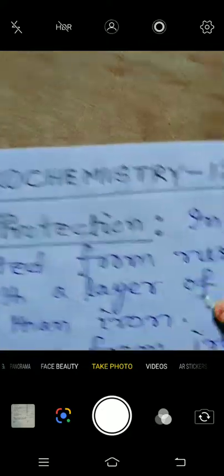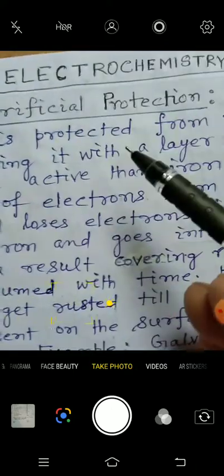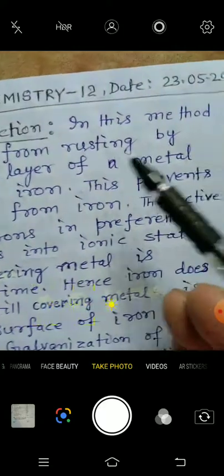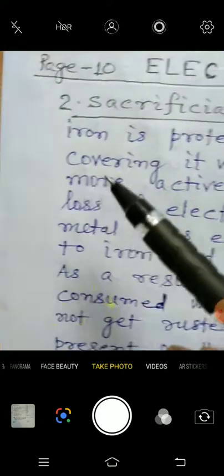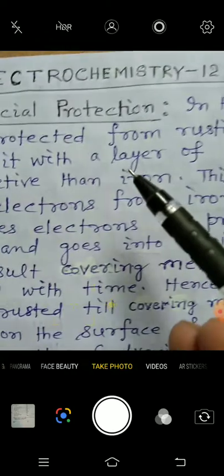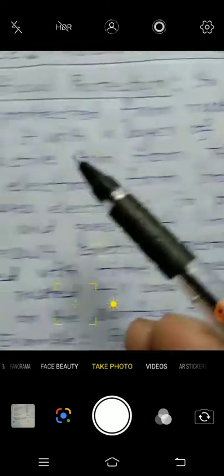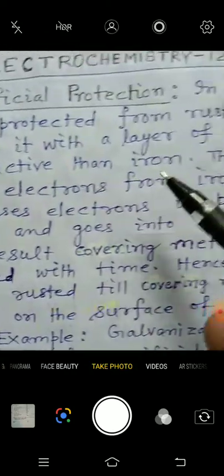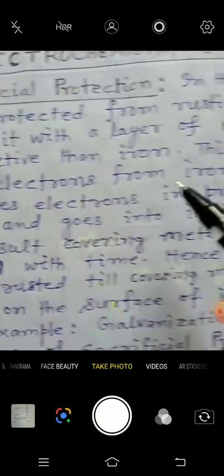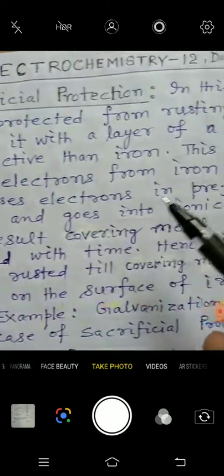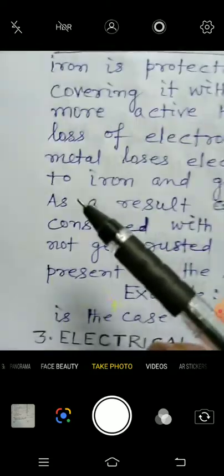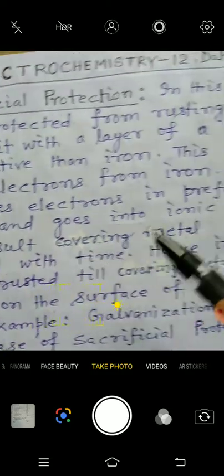Now, the second is sacrificial protection. In this method, iron is protected from rusting by covering it with a layer of a metal more active than iron. This prevents loss of electrons from iron. The active metal loses electrons in preference to iron and goes into ionic state.